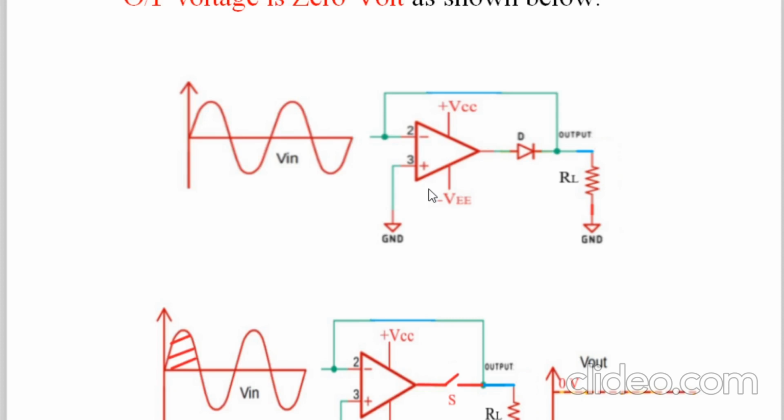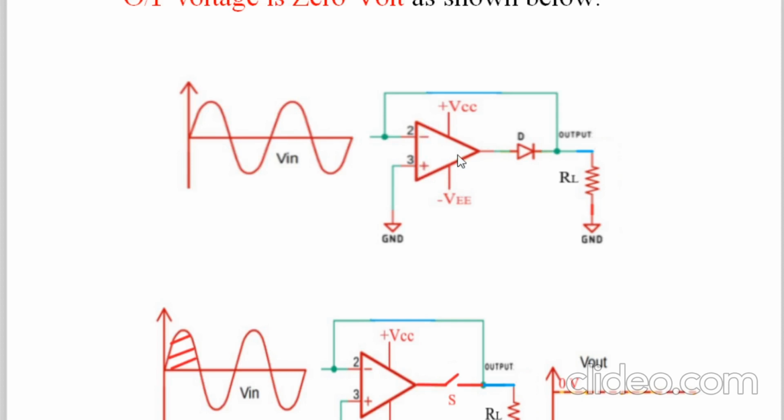As soon as the sine wave's negative half cycle goes to minus 10 millivolt, you will observe that the voltage at the non-inverting pin becomes greater than the voltage at the inverting pin. The op amp compares these two values and observes that the non-inverting voltage is greater.